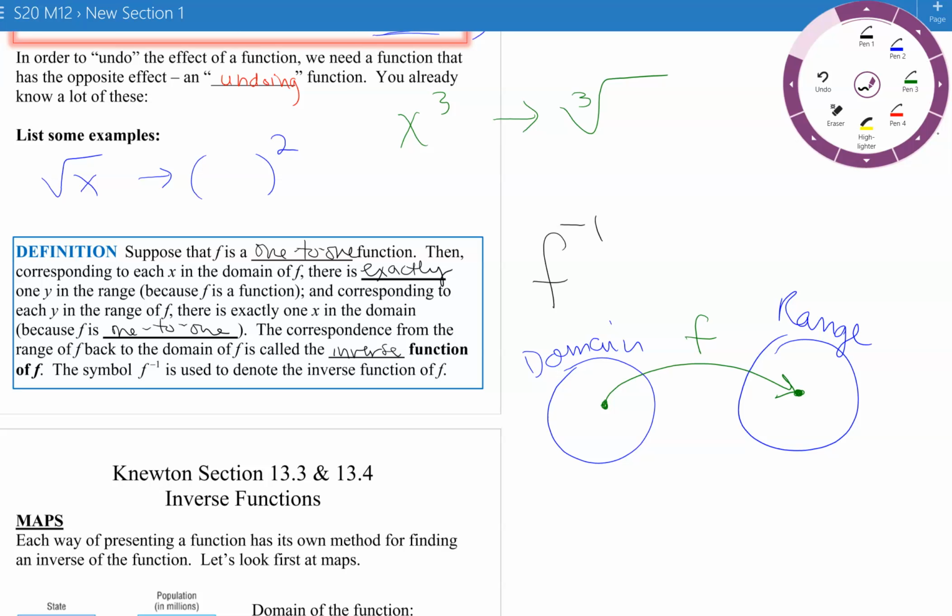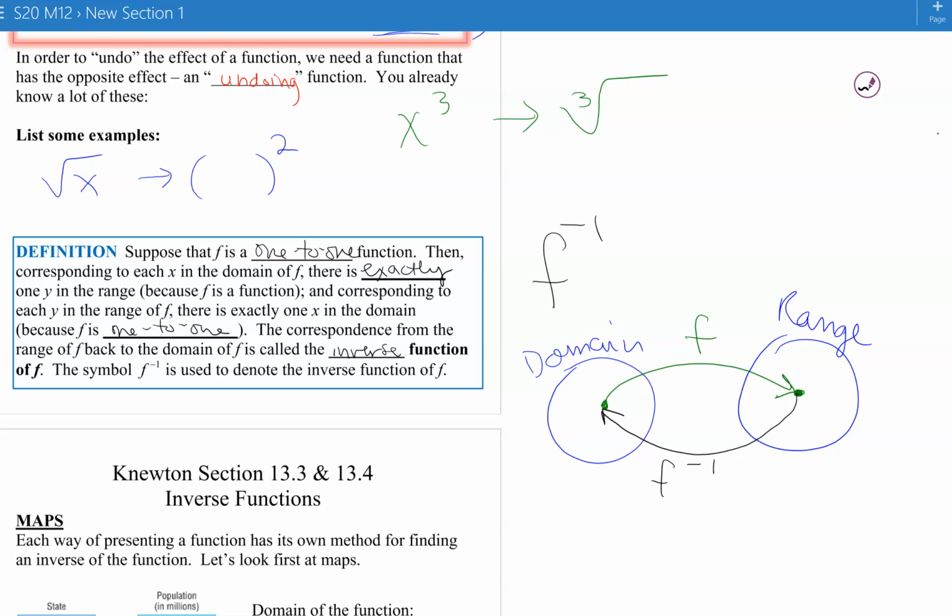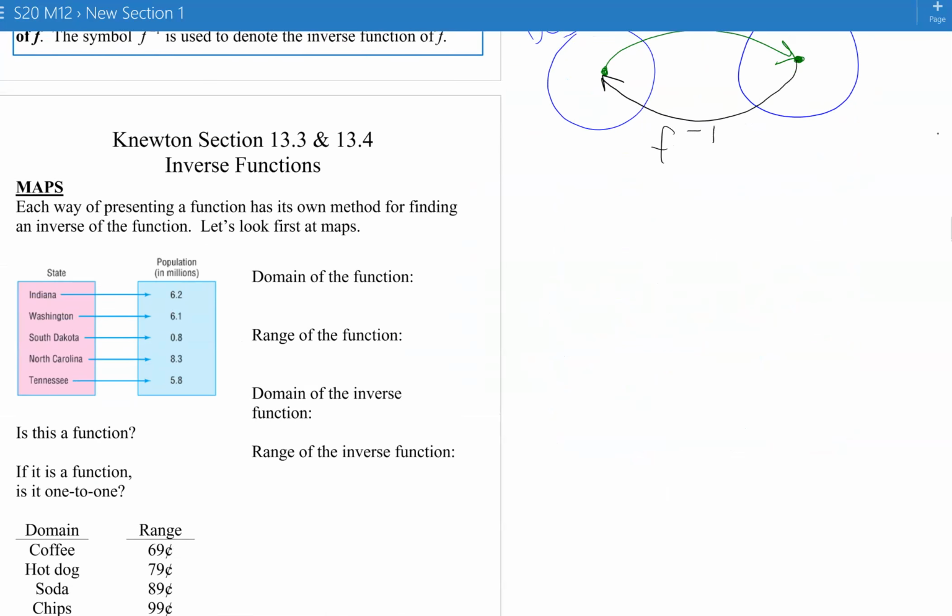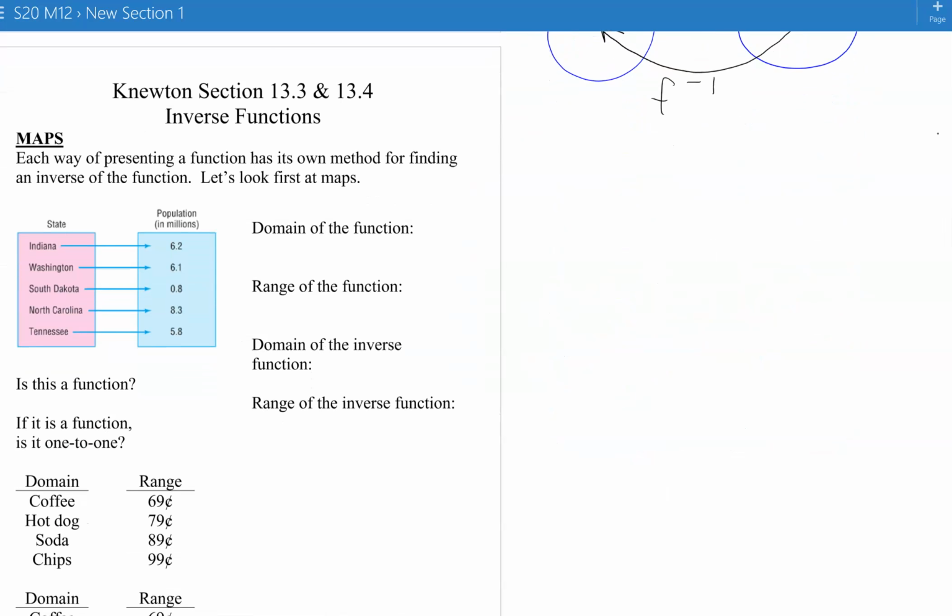Well, then if we apply the inverse function, we go back from the range of f to the domain of f. So here is a map representation of a function, and each way of representing the function has its own way of finding the inverse.